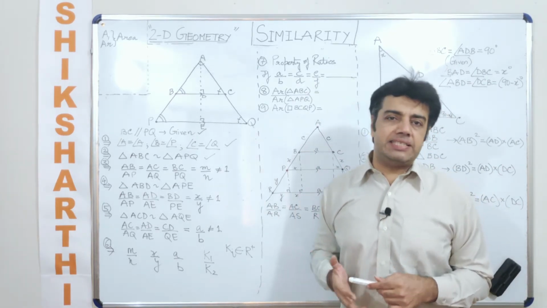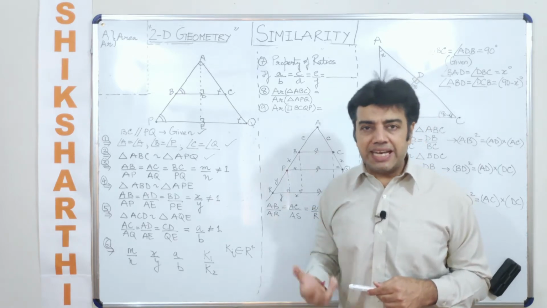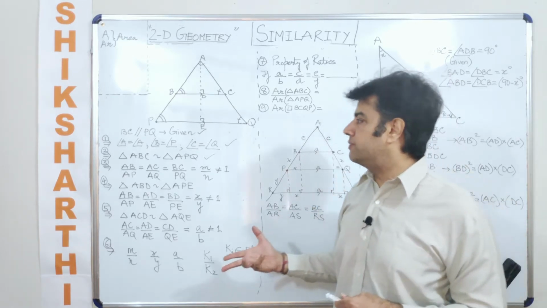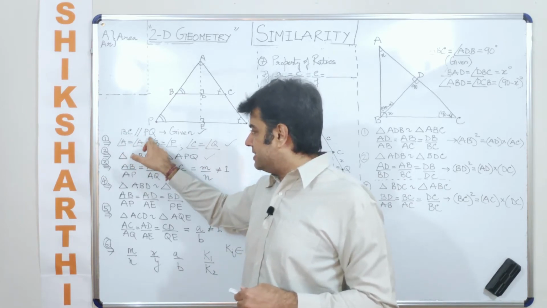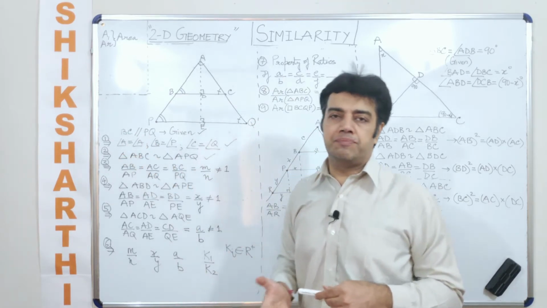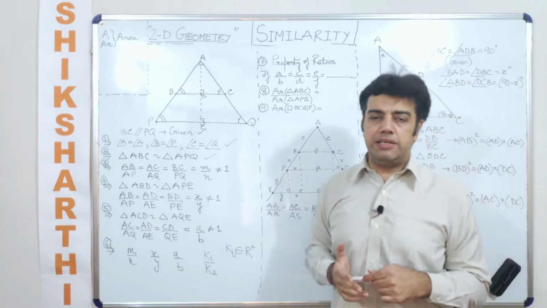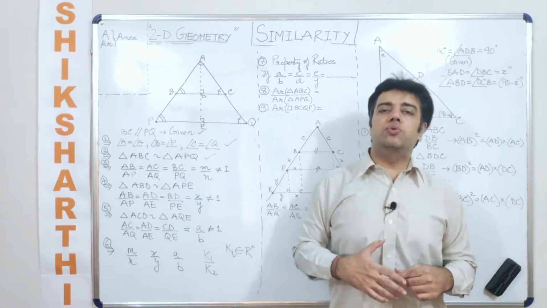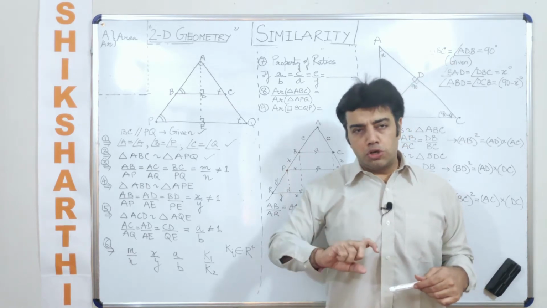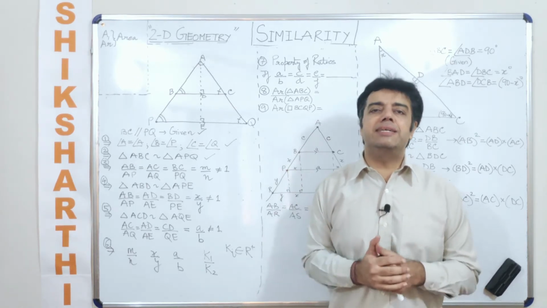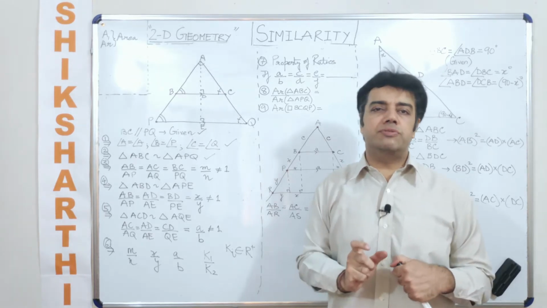SAS can be used only when the sides are given, and the given information here is that there are two line segments which are parallel. When two line segments are parallel to each other, the only thing you can do is find some congruence or similarity in terms of the angles, not in terms of the sides.